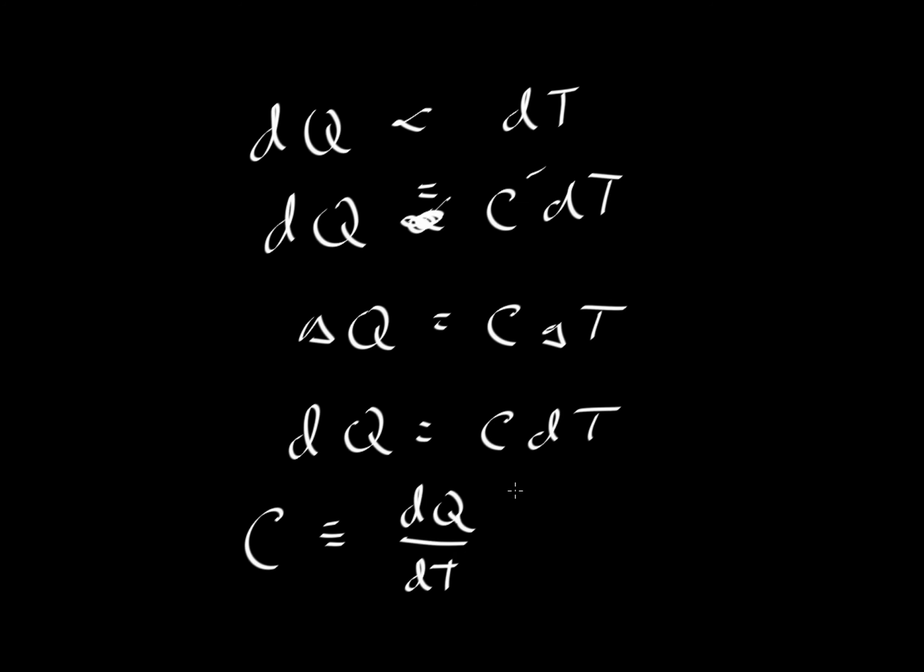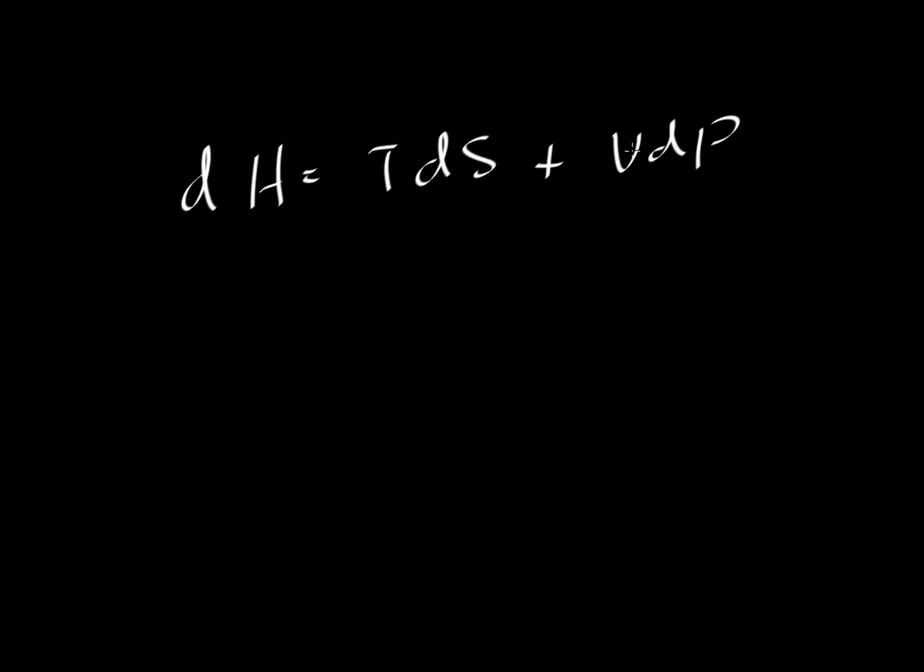But there are a couple of ways of deriving that heat. So if we start out with enthalpy, in another video we talked about enthalpy, and we derived this expression where it is TdS plus VdP. So let's say we hold pressure constant.